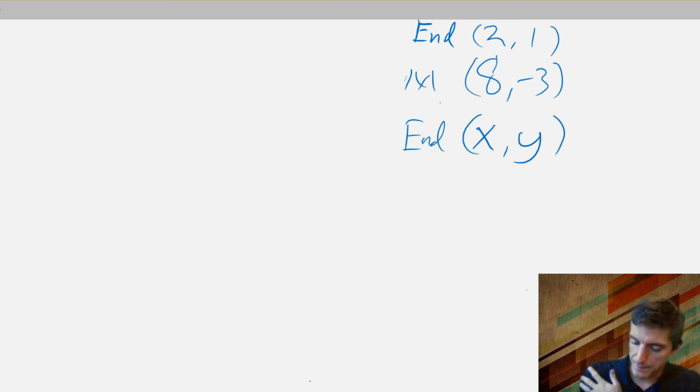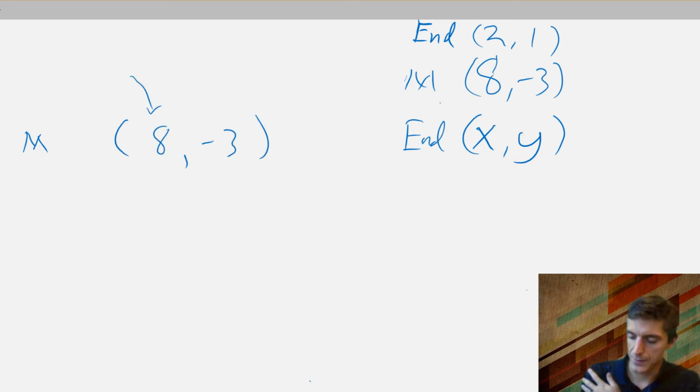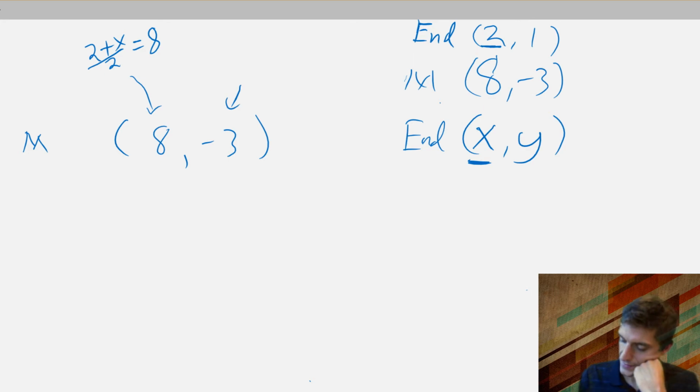I know that to calculate my midpoint, which the answer will be (8, negative 3). How do I get this 8 value? I do my first x value and my second x value, so 2 plus x divided by 2. And what do I get? I get 8. How do I get this y value, negative 3?